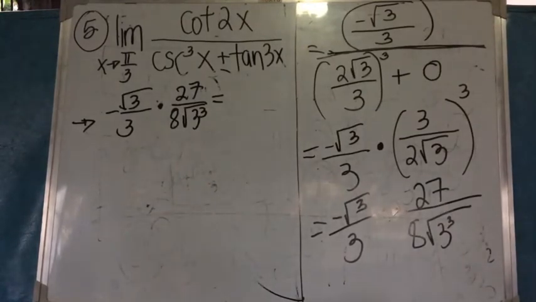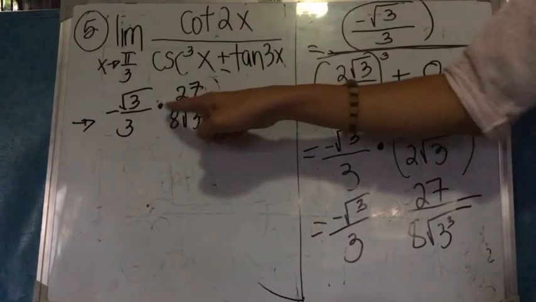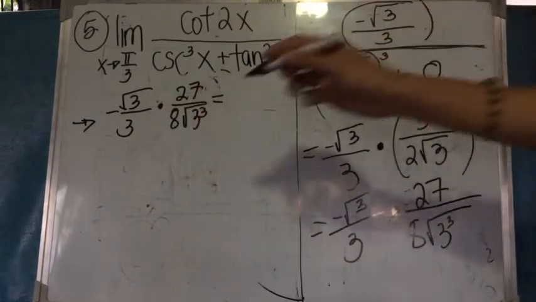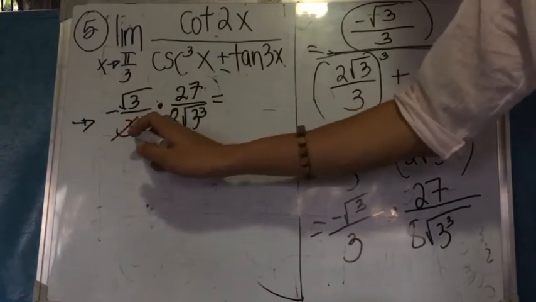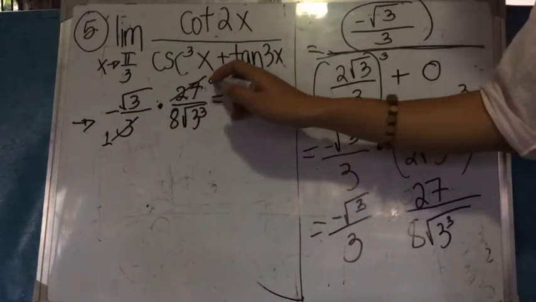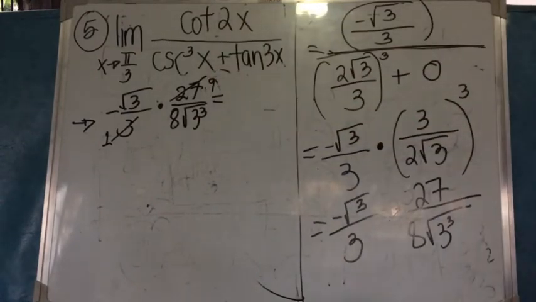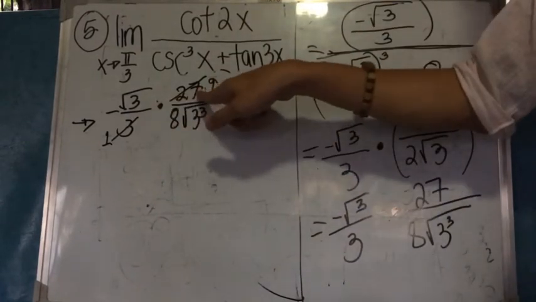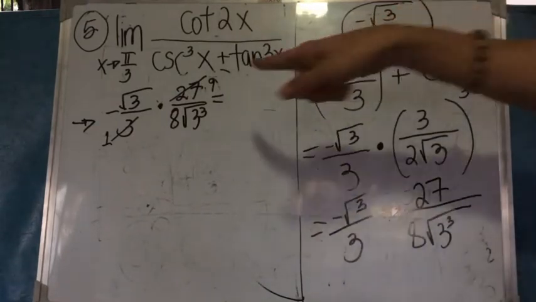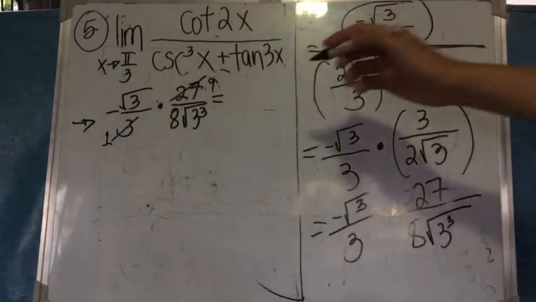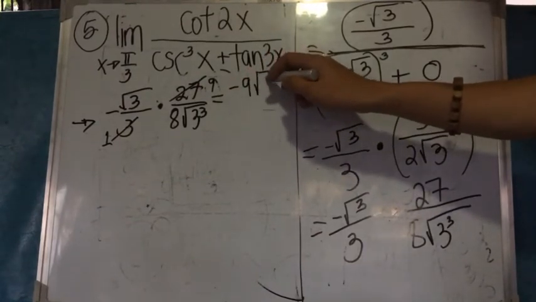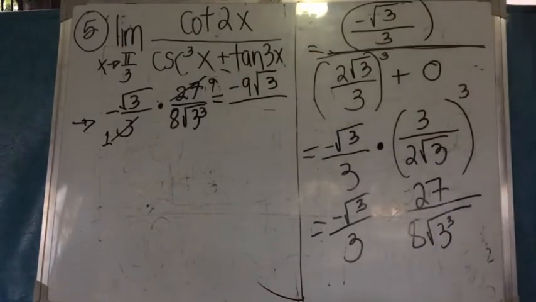We can divide 27 by 3, that is now 9. So the remaining here is 1. 27 cancels, the remaining is 1 and 9. In layman's terms, you simply divide 27 by 3, that is 9. So 9 times negative square root of 3 is negative 9 square root of 3.